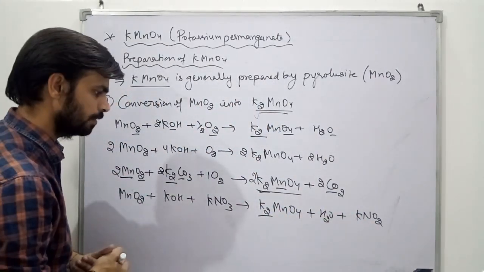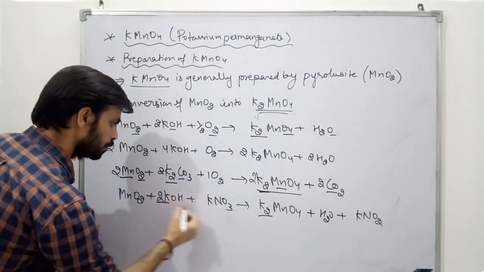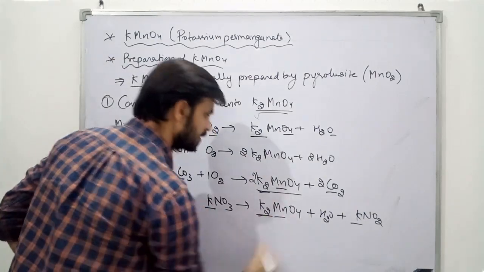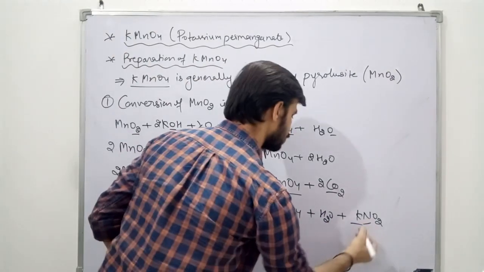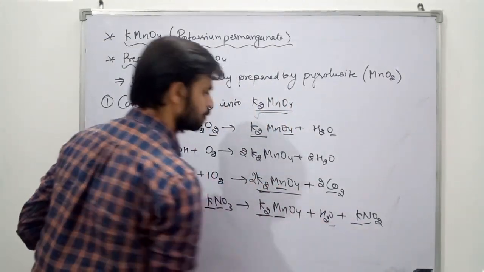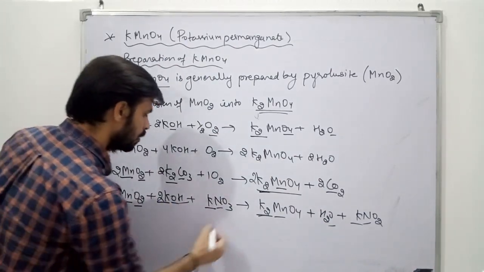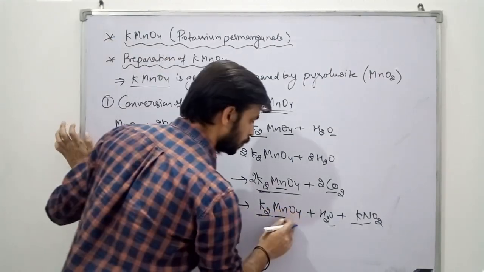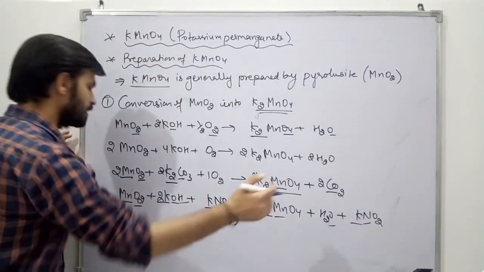Now balance the equation. We have potassium 2 plus 1, 3, 2 plus 1, 3, manganese 1, nitrogen 1. Again balance the hydrogen, 2. Again balance the oxygen: 2 plus 2, 4, 4 plus 3, that is 7. Now 4 plus 1, 5, 5 plus 2, 7. It is a balanced equation.